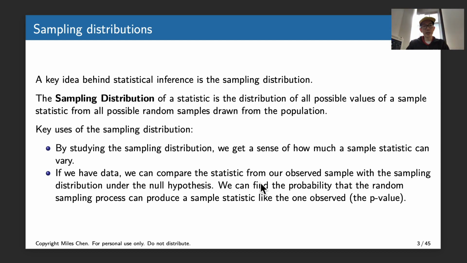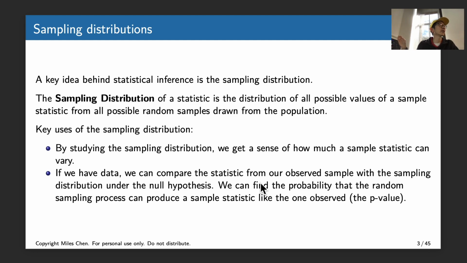So what did I put on this slide? I wrote: the sampling distribution of a statistic is the distribution of all the possible values of a particular sample statistic from all the possible random samples drawn from the population. By studying the sampling distribution, we get a sense of how much that statistic can vary from one sample to another. And then if you have data, you can compare your particular sample's value to that of the sampling distribution and say, hey, my value is right in the middle of the sampling distribution.